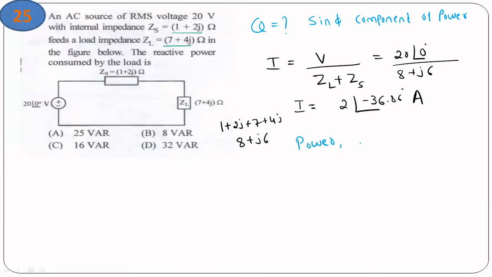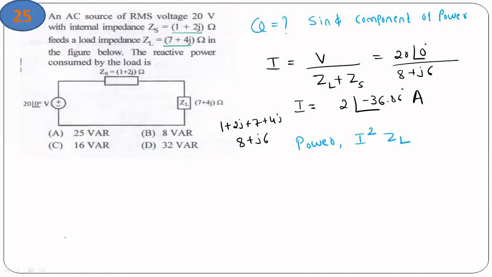So we know that the very simple formula for power is I square into ZL, I square into ZL, because we have to calculate the reactive power consumed by the load.